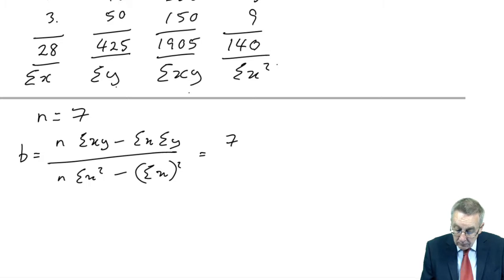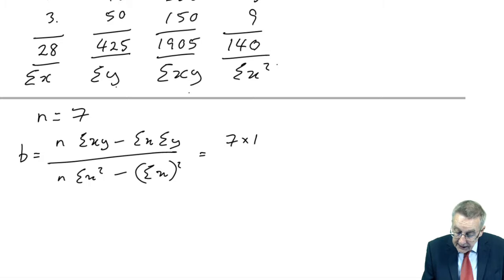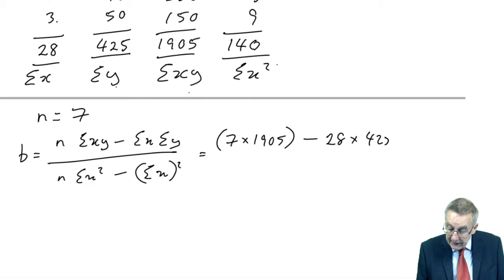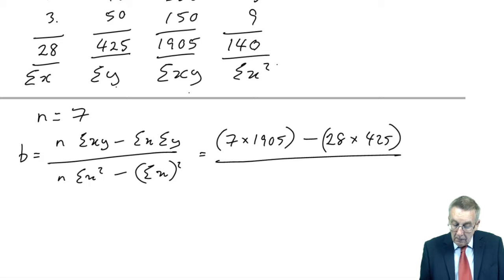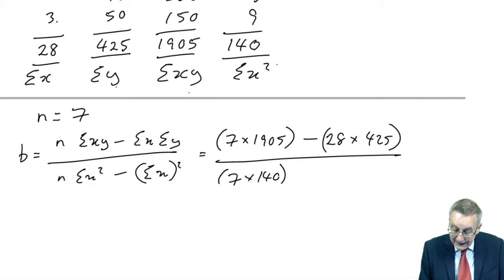N is 7. Sigma xy is 1905 minus sigma x, which is 28, sigma y, which is 425, divided by n, which is 7, sigma x squared, which is 140, minus sigma x all squared. Sigma x was 28, 28 squared.